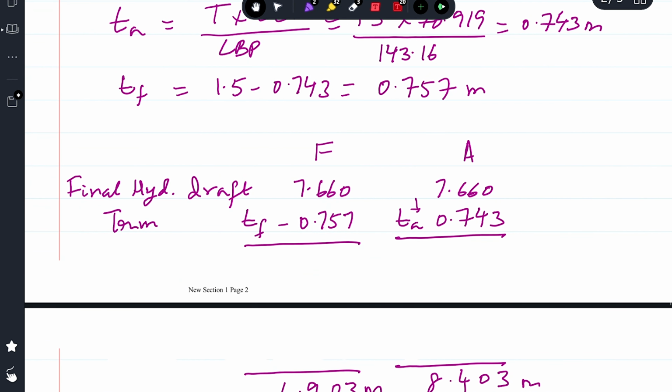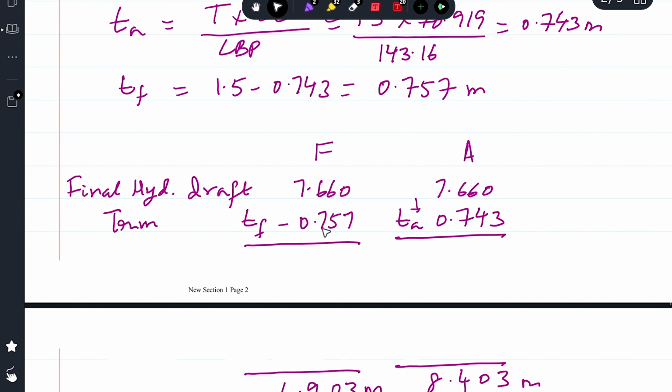Final hydrostatic draft for displacement 15833 was 7.66. This is the final hydrostatic draft. If the ship was even keel, draft forward and aft will be 7.66 also. But ship is trimmed by the stern, so the forward draft will be less, aft draft will be more by how much? TF and TA, which we have found here. This is TA and this is TF.